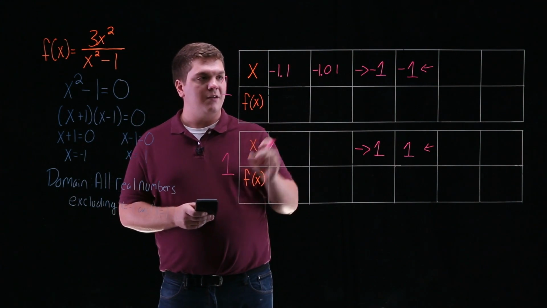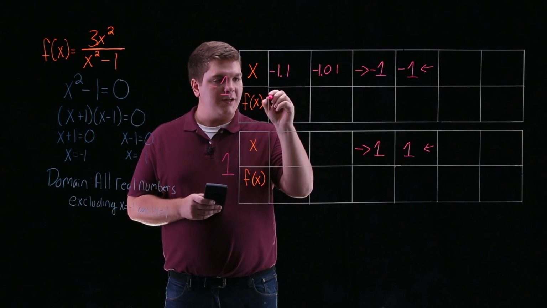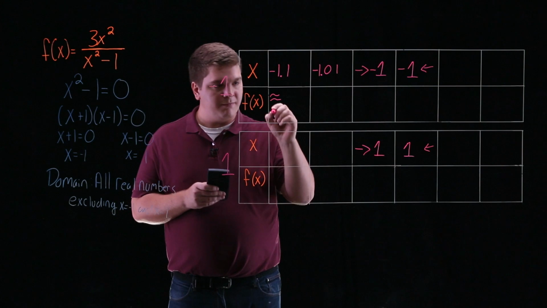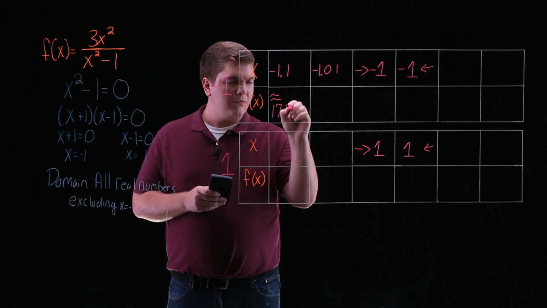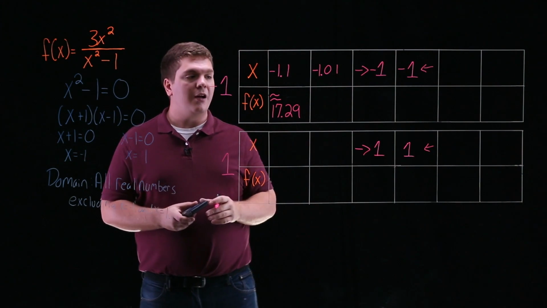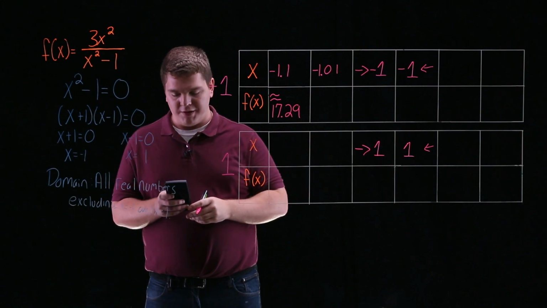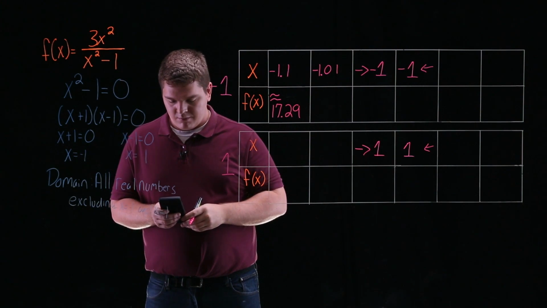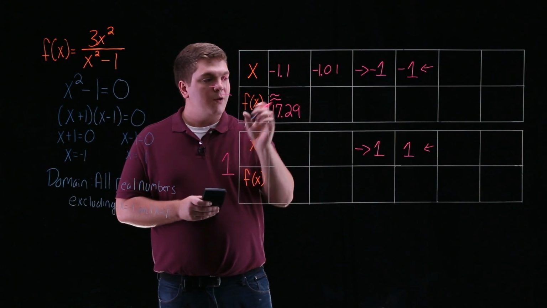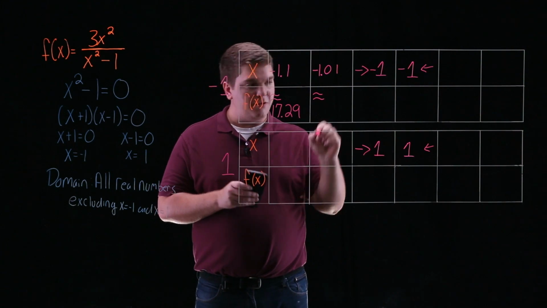If I evaluate our function when x is negative 1.1, we see that the function value is approximately 17.29. This piece of information doesn't tell us a whole lot, so we'll have to see what happens when we evaluate our function at negative 1.01. Evaluating at negative 1.01, we see that our function value is approximately 152.25.